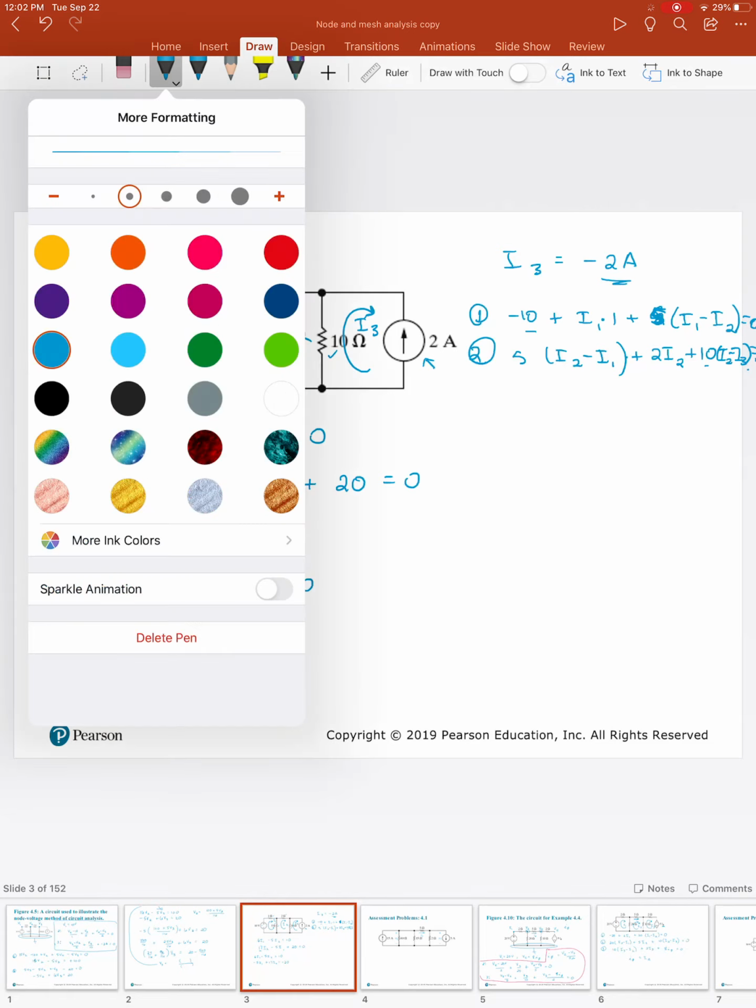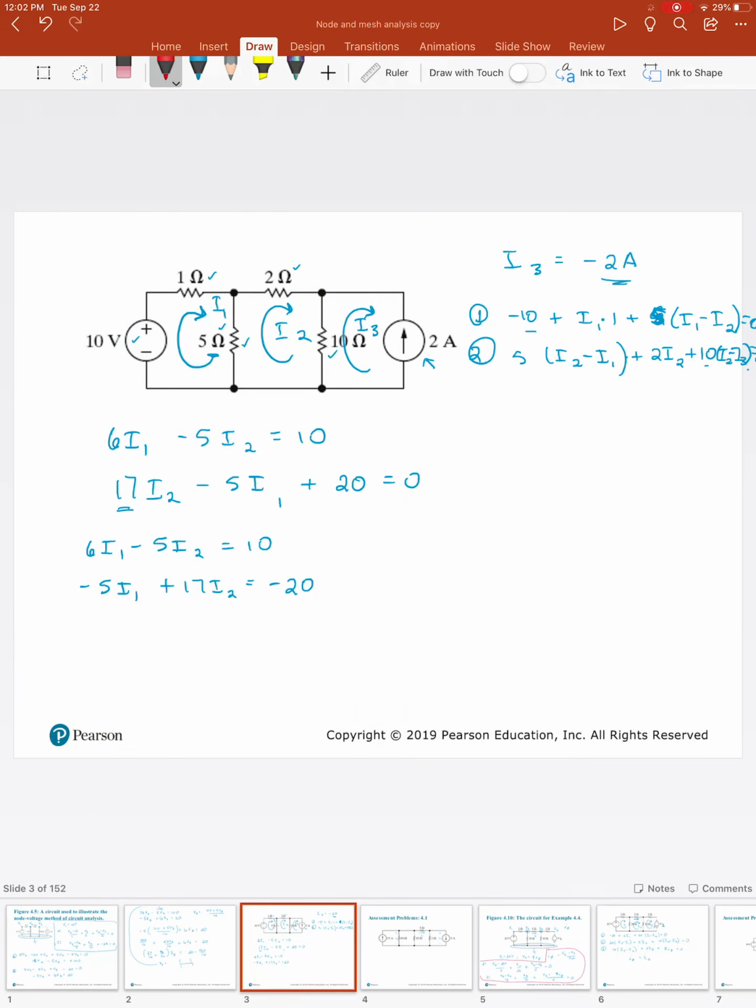Now, just for the sake of a little bit of review, let's look at how you would put that into matrix form. You basically take the coefficients, 6, minus 5, minus 5, and 17. That forms a square matrix, multiplying the column matrix I1 and I2, equaling the constant matrix 10 and minus 20.